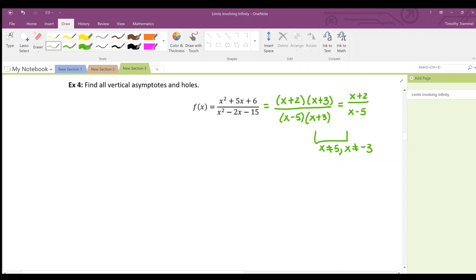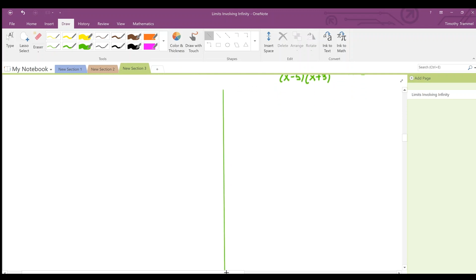And they themselves graphically look the same everywhere except for at one of these points, which is at x equals -3. And we're going to talk about that difference here now. I'm going to break this into two pieces.